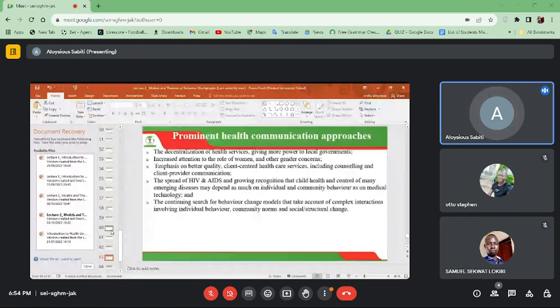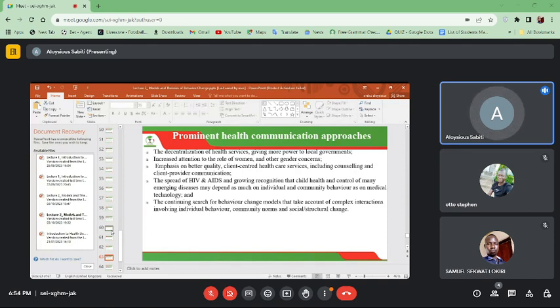The increased attention to the role of women and other gender concerns is another reason for communication in the health system, because gender norms included the exclusion of women and the failure to make decisions, because they could not make a decision on uptake of contraceptives and so forth. It needed that women are given clear information through communication.